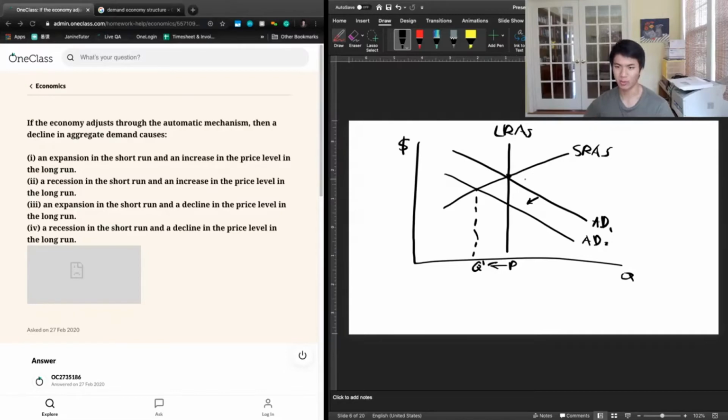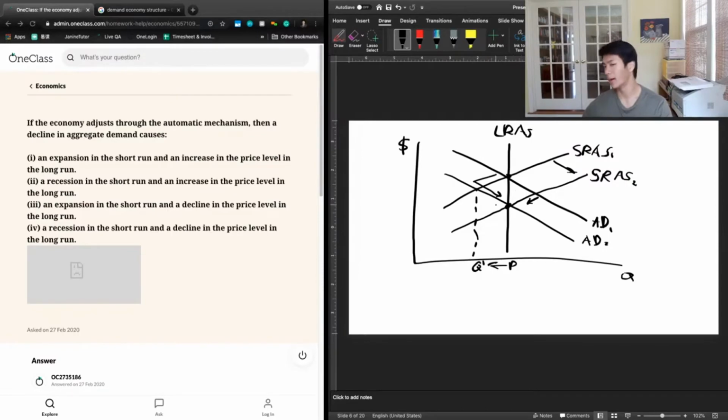That's seen by a rightward shift in the short-run aggregate supply curve. You can try and draw that here. So we'll see this shift as well, and we return back to the long-run aggregate supply curve, right? It kind of went like this motion.